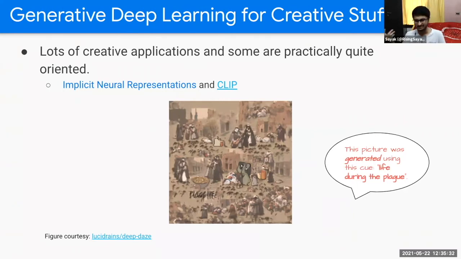So again, a generative model at its very heart, combining two different worlds of implicit neural representations and CLIP, which was open sourced by OpenAI a few months ago in 2021, and we can get something as salient as this one. It has the capability of interpreting natural language and generating novel images out of it. So think of all the cool applications that we can create around these things.